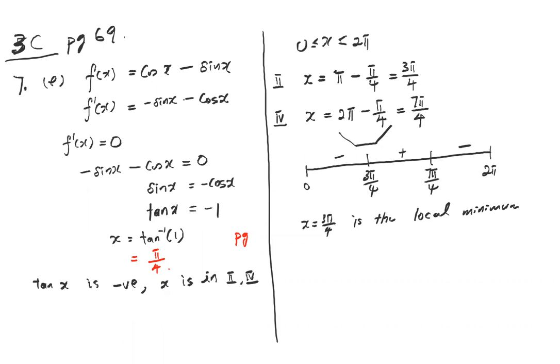And x equal to 7 pi by 4 is the local, up, stationary, go down, local maximum. Right? Okay, then you can graph it and show.